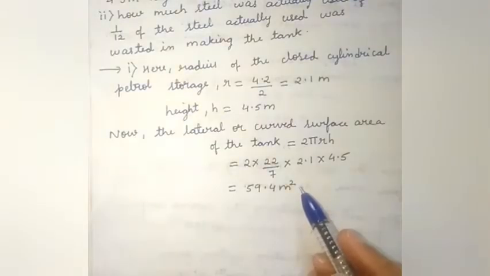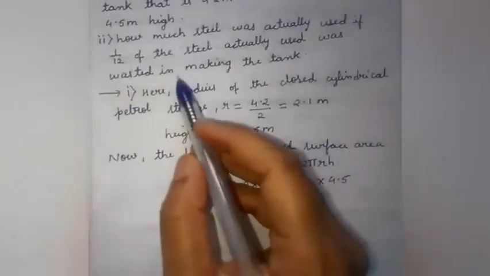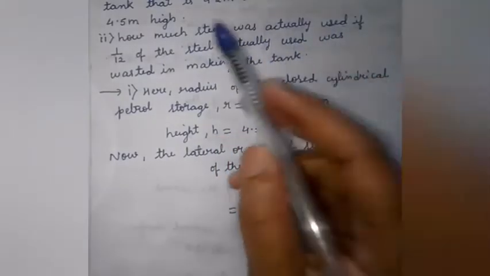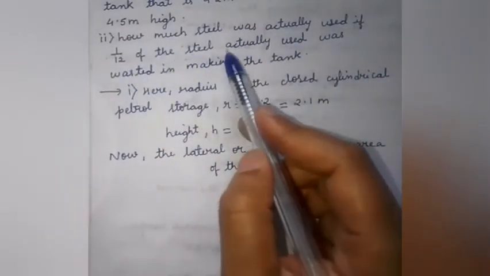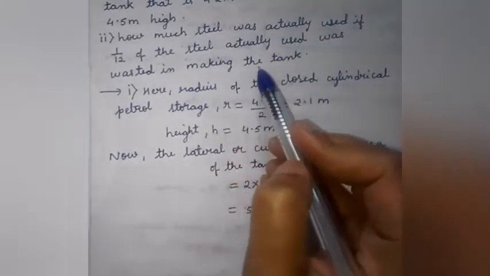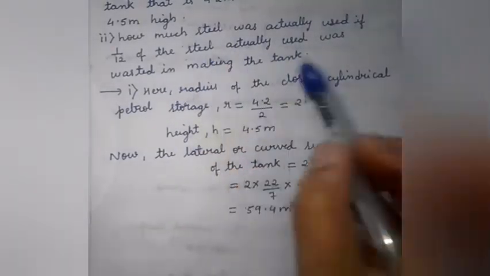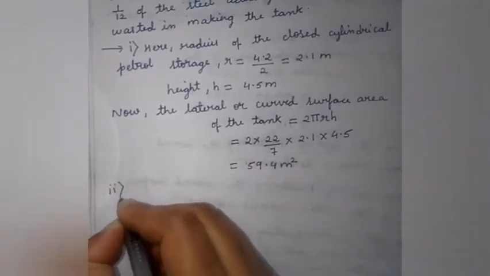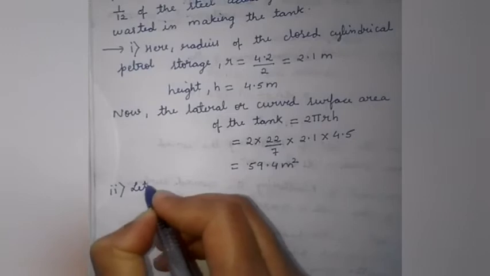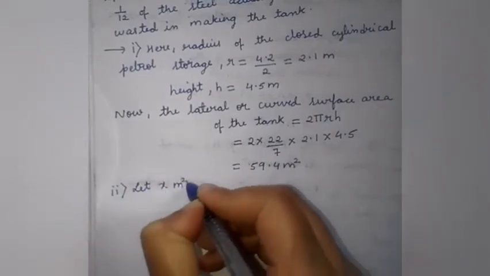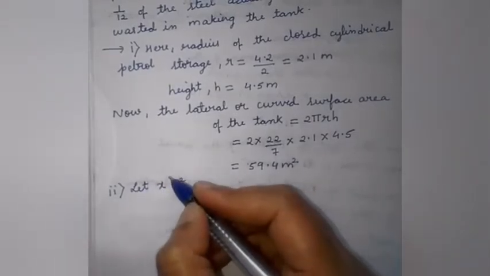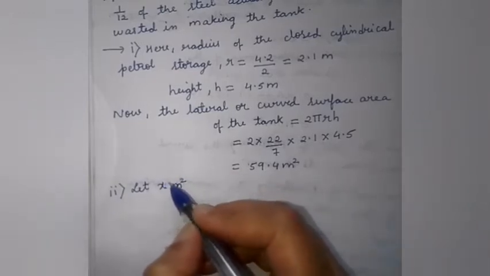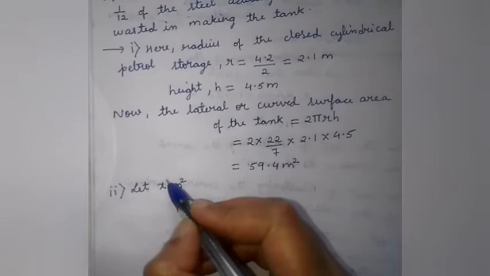Next thing, second thing they have asked us to find, how much of steel was actually used if 1 divided by 12 of the steel actually used was wasted in making the tank. So we have to find here the total surface area. So second thing is, let x meter square be the total steel used in making the cylindrical tank. They have asked us to find the total steel used in making the tank.